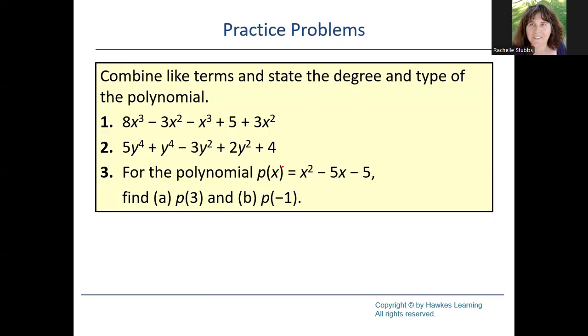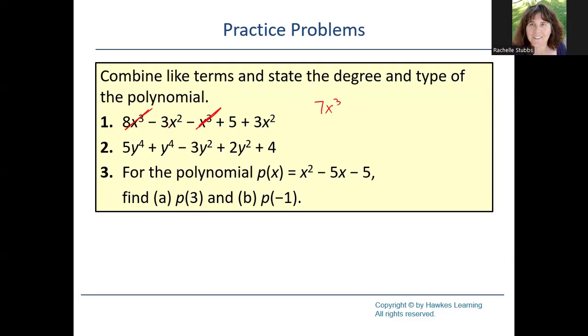Okay, so we are going to practice. We're going to combine like terms and state the degrees and types of the polynomials. So any like terms? Well, there's nothing with 8x to the third, so I'll write that down. That's taken care of. -3x, oh wait, there's a -x to the third here. So actually that's going to be 8 minus 1 is 7x to the third.